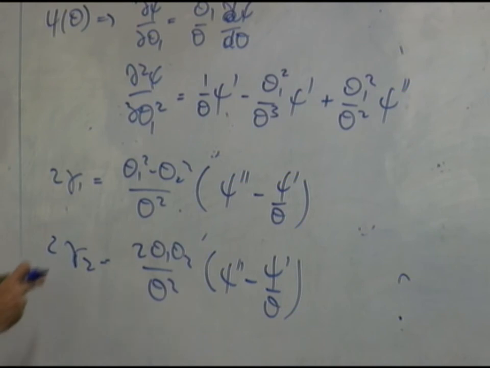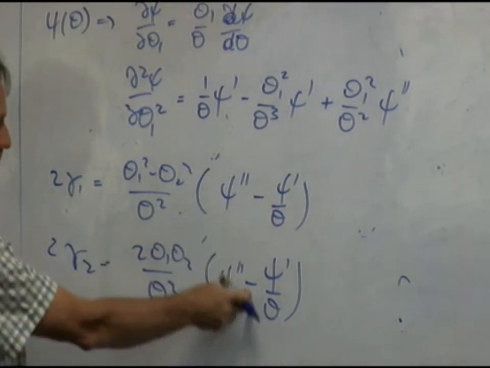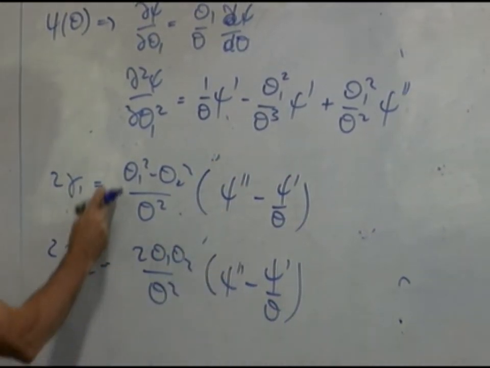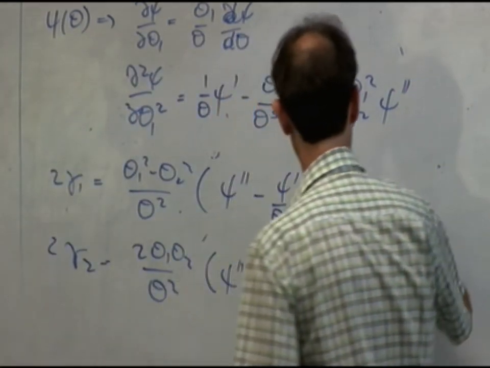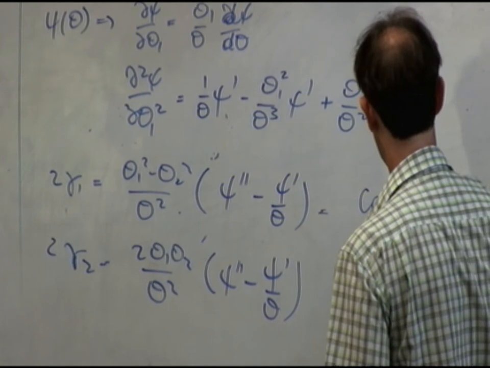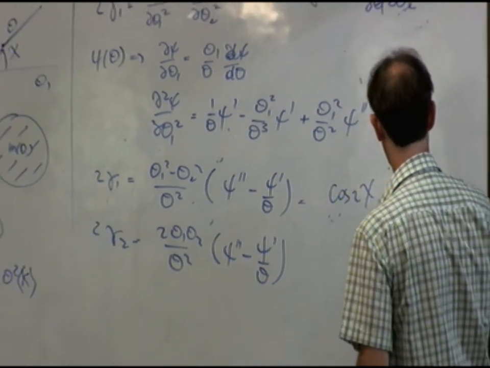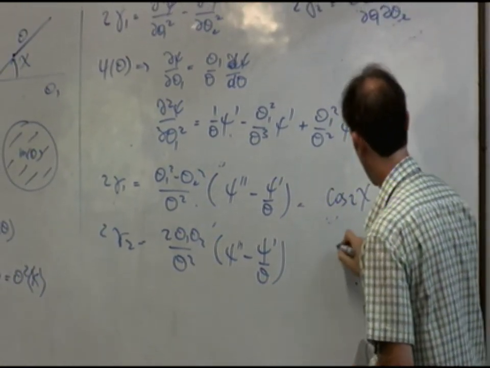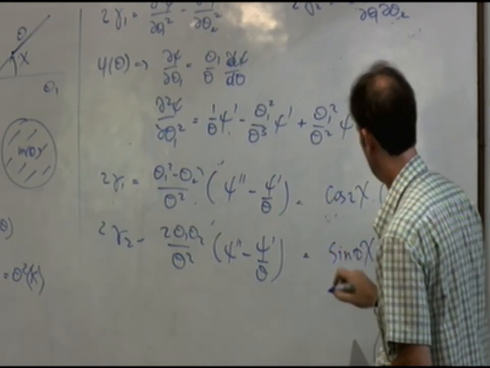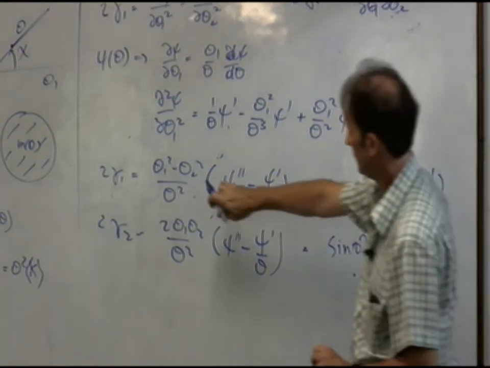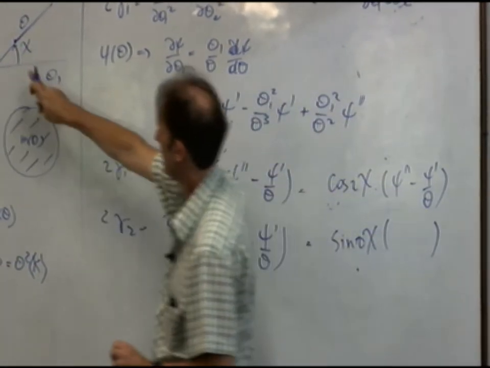And so you see that gamma 1 and gamma 2 have the same factor here, the same dependence on the potential, and this is just a geometric angle. This is the cosine of twice this chi angle.